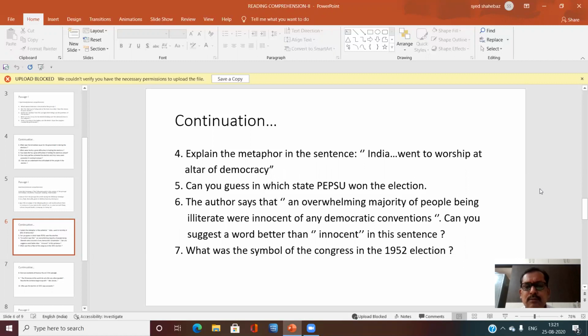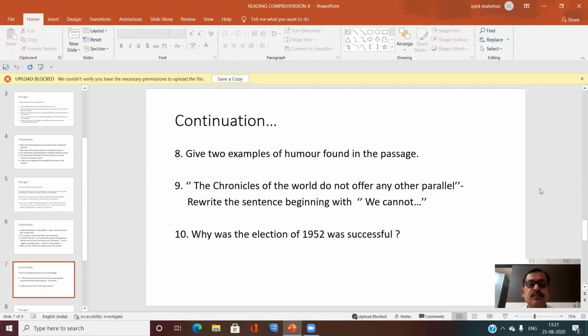What was the symbol of the Congress in the 1952 election? That is bulls. Give two examples of humor found in this passage. One is some people prayed before the ballot boxes. That is one funny example.